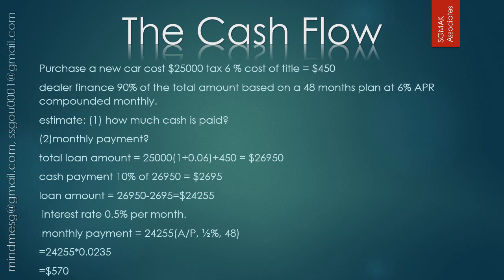So the way the problem is laid out, in order to buy the car with 6% sales tax and an additional title cost of $450, your immediate down payment is $2,695, and the remaining loan amount financed by the dealer for a 4-year plan at a 0.5% monthly rate comes out to be $570 per month.